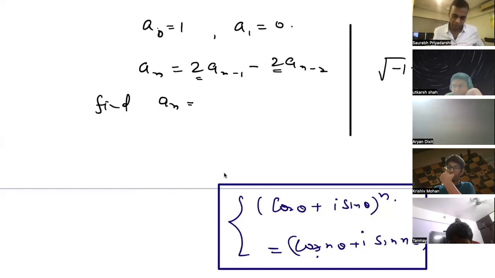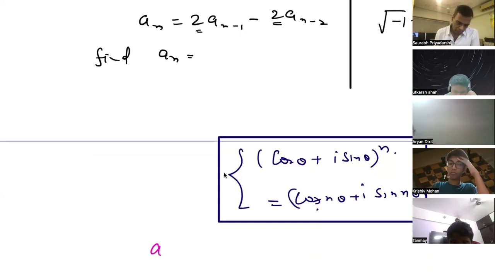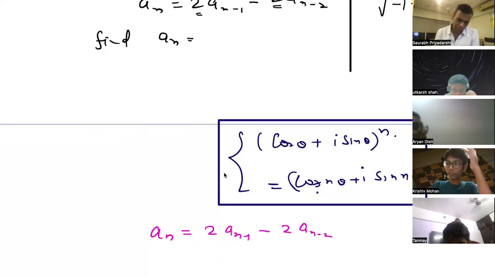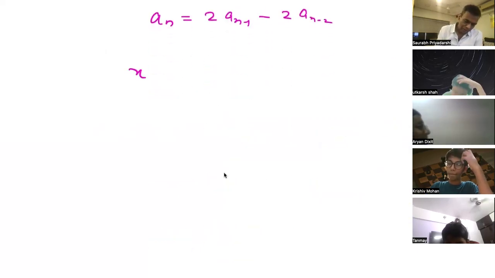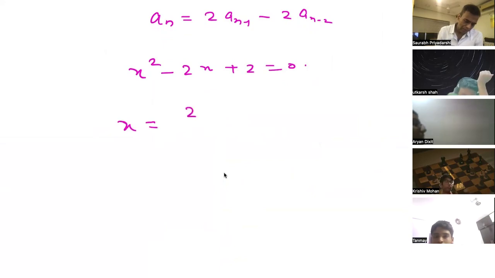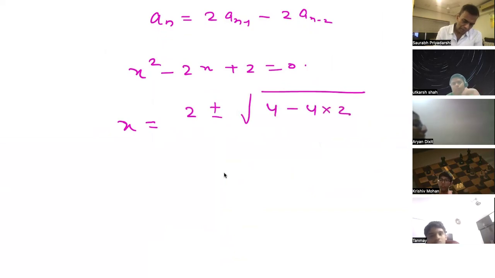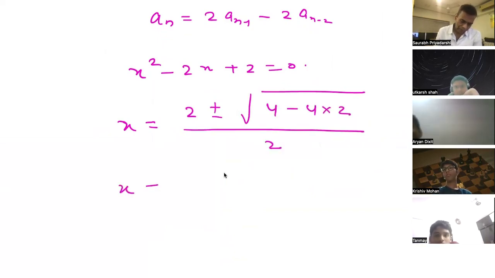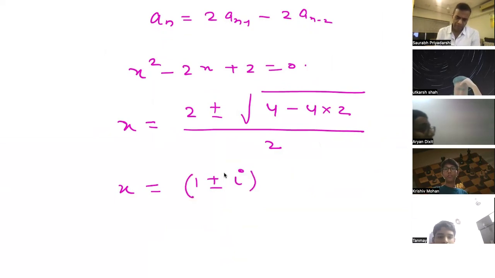Now the complex solution would be there, but it's okay, first we have to go with this. So an is equal to 2an minus 1 minus 2an minus 2, right? So this will be x square minus 2x plus 2 equal to 0. So x is equal to minus b plus minus under root of b square minus 4ac by 2a. x is 1 plus minus i.